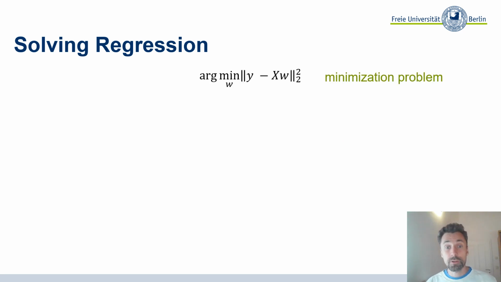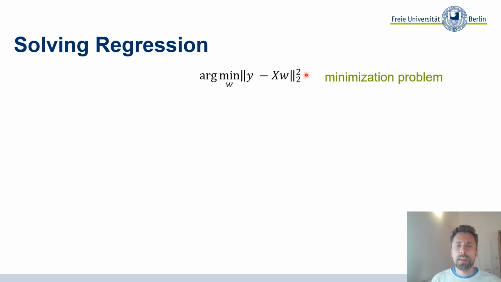Okay, so let's now solve for the parameters W and B. Now we will just look at W, and you can think of this as the W hat in the previous slide. So we want to solve for the parameters that minimize this expression, and we want not the minimum itself, we want the argument, so the parameters themselves that minimize this.